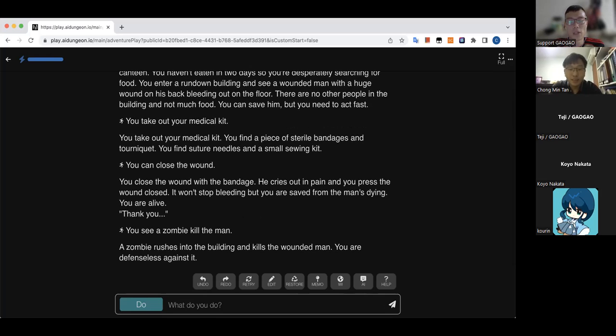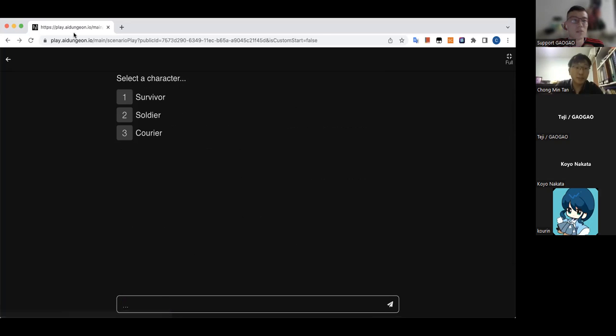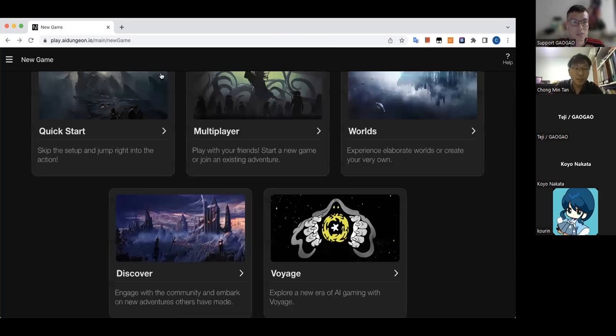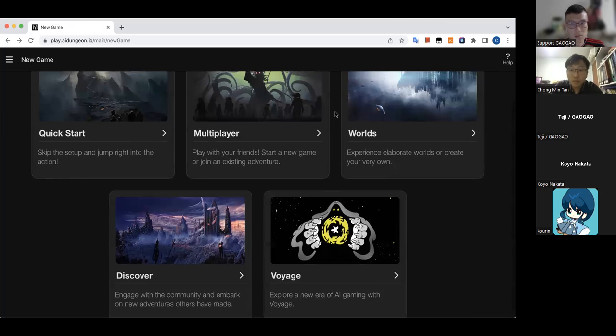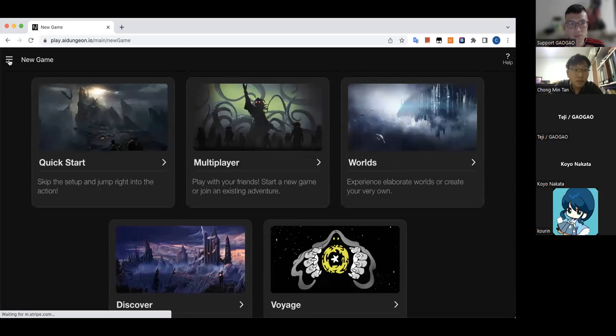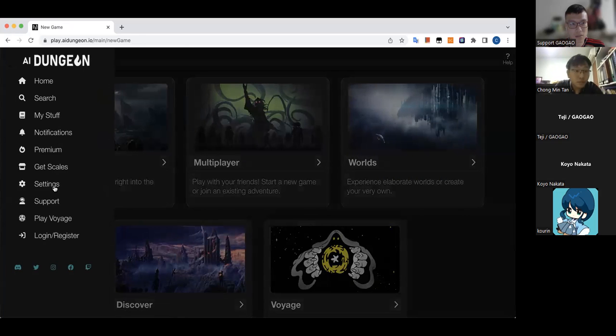Do you know what the model is based off? Yeah, I think it's on the site itself. Okay, let me just go and see whether I can find it. Hold on. Is it settings?